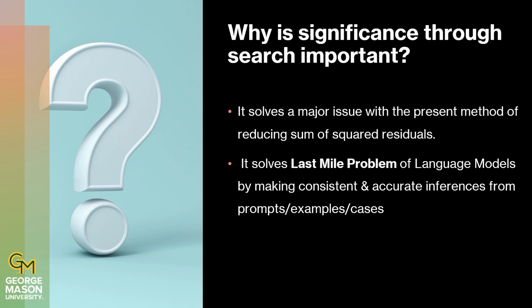And the search technique described resolves this issue by consistently identifying the most relevant prompts and optimizing the AI's inference process. This in all enables more reliable and coherent reasoning based on the example cases within the model's knowledge base.